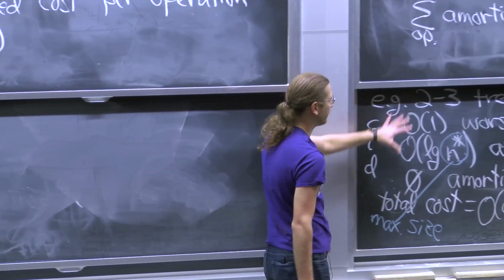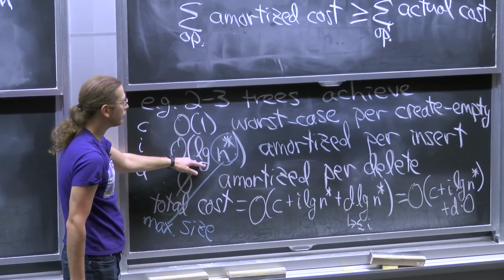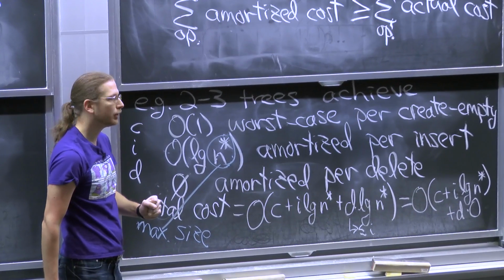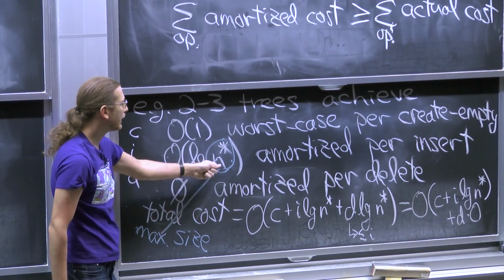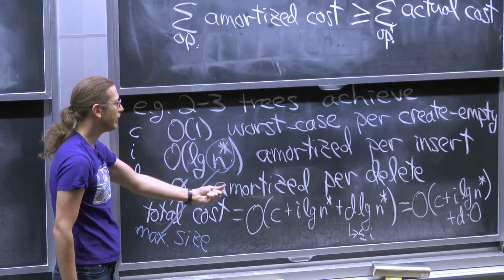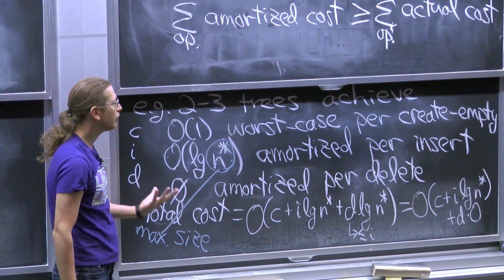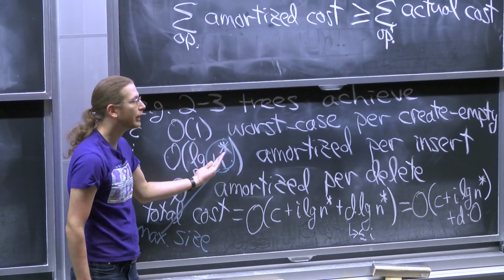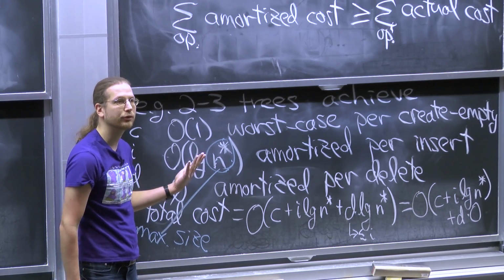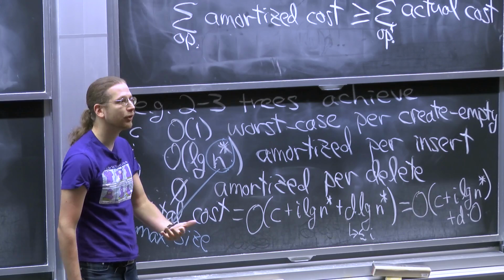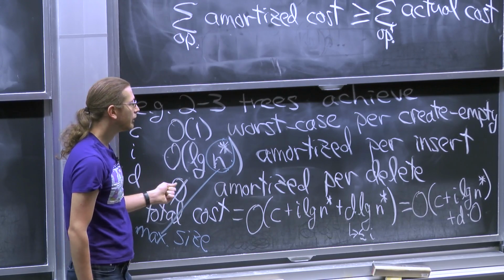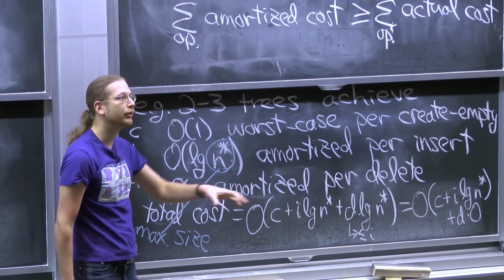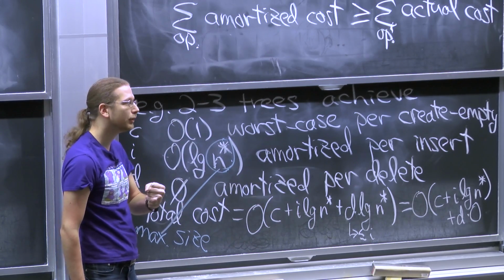Let's do an example. When I do an insertion, I can put, let's say, one coin of value log n star into the bank. So for that insertion, I pay log n star real cost in order to do the insertion. Then I also pay log n star for those coins to put them in the bank. When I do a deletion, the real cost is log n star, but I'm going to extract log n star coins.